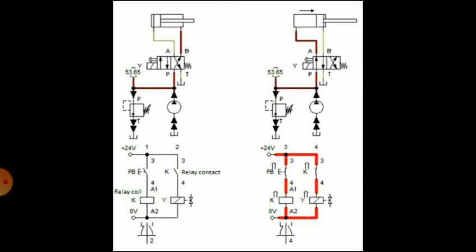In the normal position, P is connected to B, and A is connected to T. So this is a retraction stroke. You can see the position of the DC control valve. It is a single solenoid spring return DC control valve.